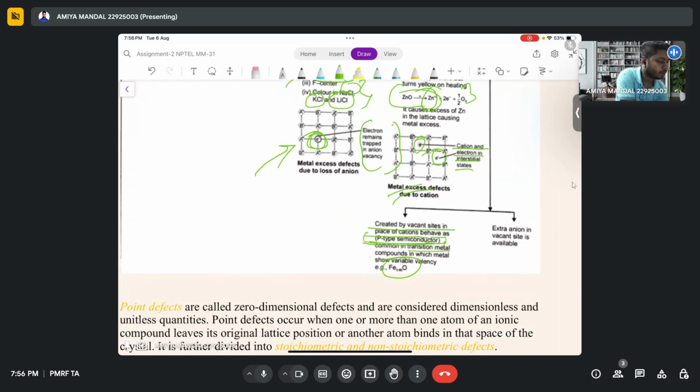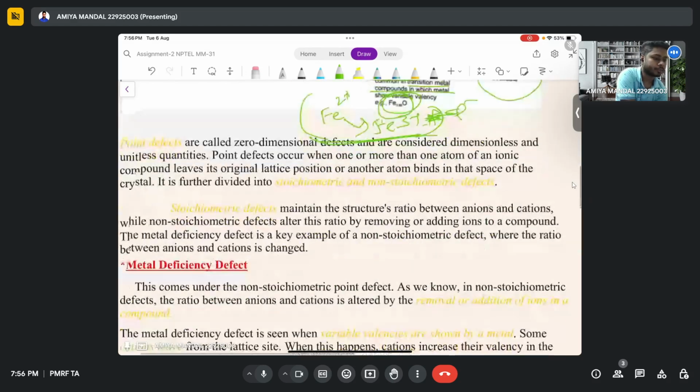In transition metal compounds, for example iron oxide, some iron ions are missing there. That's why Fe3+ ions constitute the extra positive charge plus electron. An extra anion vacant site is also available here.